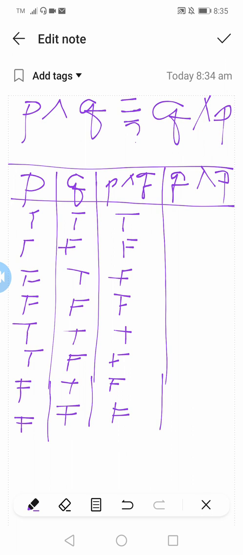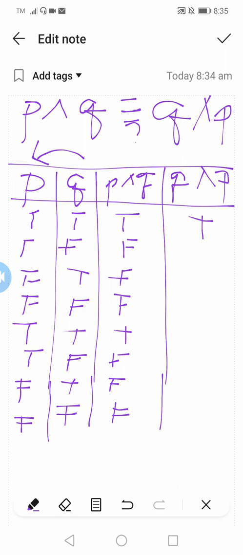Since the left statement is your Q while the right statement is your P, we start with Q going to P. So if Q is T and P is T, then automatically the compound statement Q and P will be true.